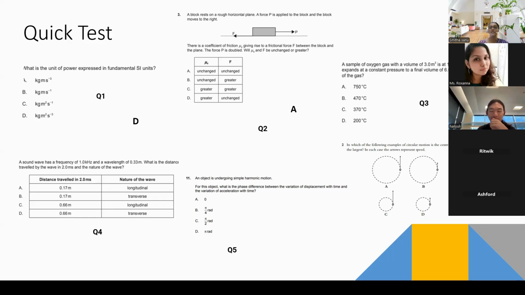Go to question 3. It's on thermal physics. You can read the question. If you had a gas of 3 meter cube volume at a temperature of 100 degrees Celsius, you expand the gas to a final volume of 6 meter cube. What is the final temperature at constant pressure? Apply the law that you know for constant pressure. How would volume affect the temperature?